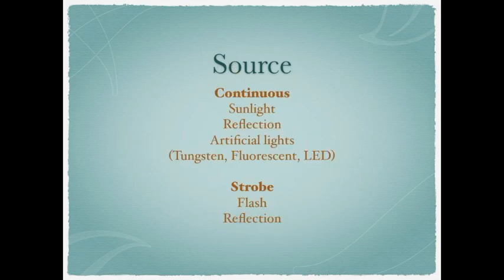The difference between the 2 is T. No, it's not Terrence. It's time. The T is for continuous. We're talking about continuous light here, for example sunlight, bulbs, fluorescent, LED lights. Those are continuous light.